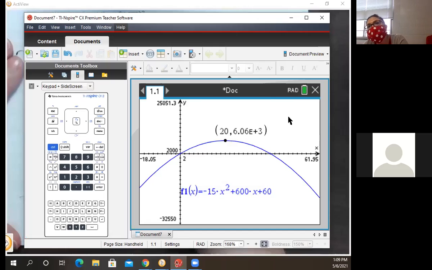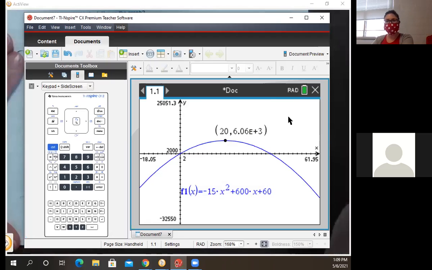I got 20, 6.06 E plus 3. What does E plus 3 mean? Yeah, it's scientific notation. This is your calculator's way to represent scientific notation.